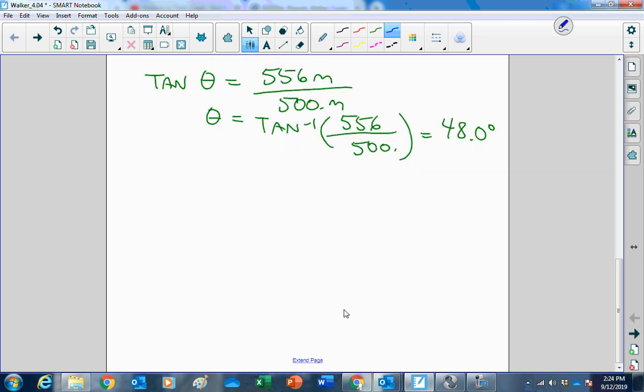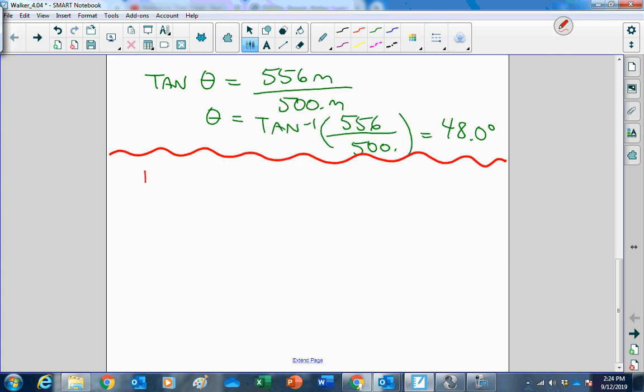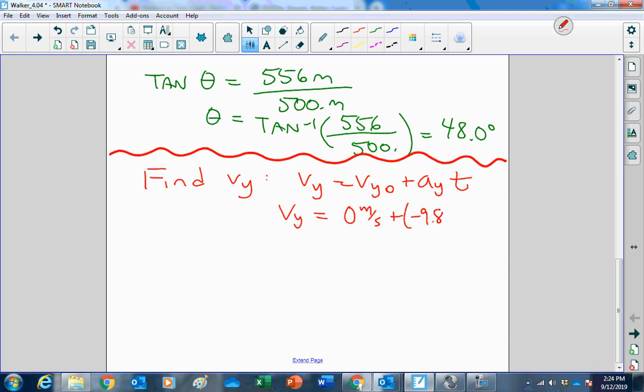Okay, so in order to do that, I need to find what is Vy. Vx hasn't changed, okay? But I need to know Vy, which probably the fastest way to get that is to use the first equation on the sheet because it had no velocity in the y direction to begin with, and it's been speeding up in the y direction for 10.1 seconds.